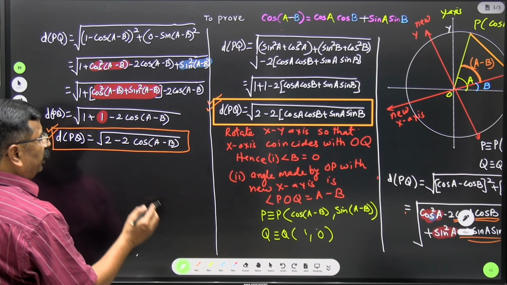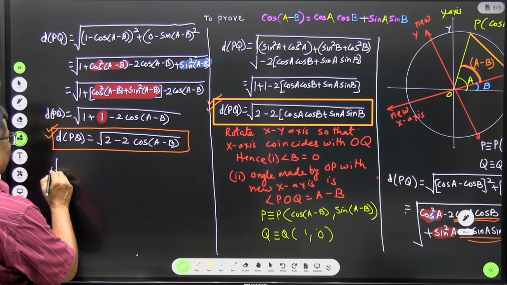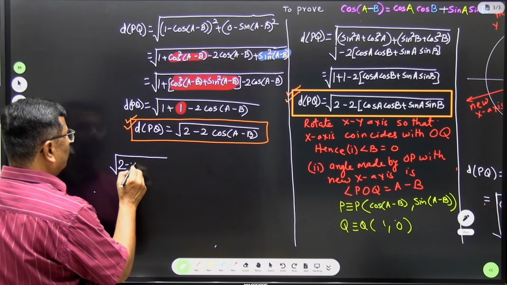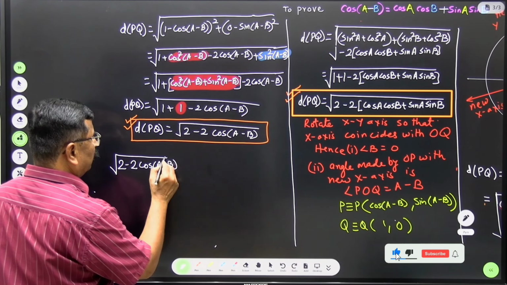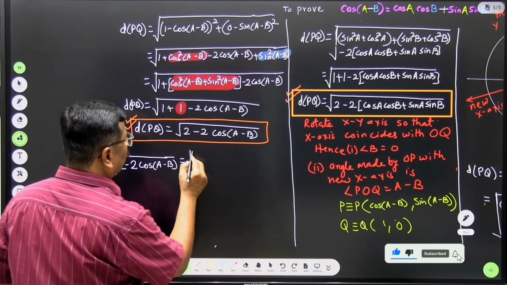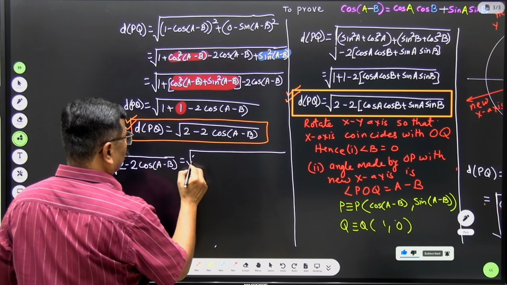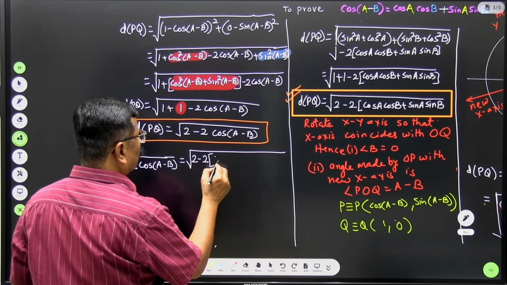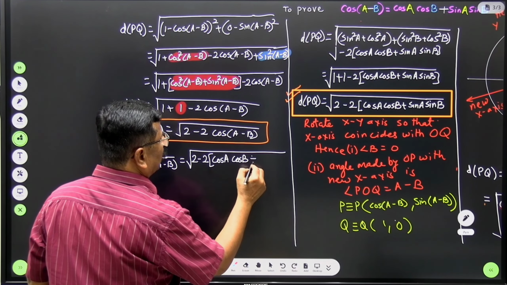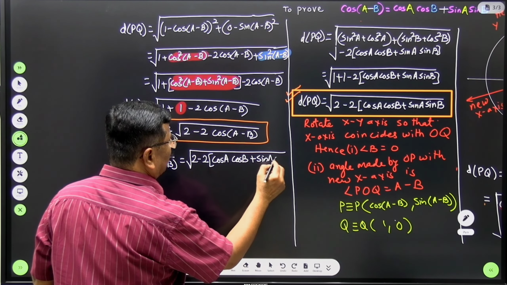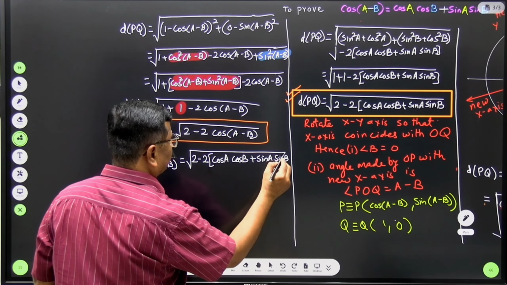So it will be under root 2 minus 2 cos(A minus B) is equal to under root 2 minus 2 (cos A cos B plus sin A sin B).